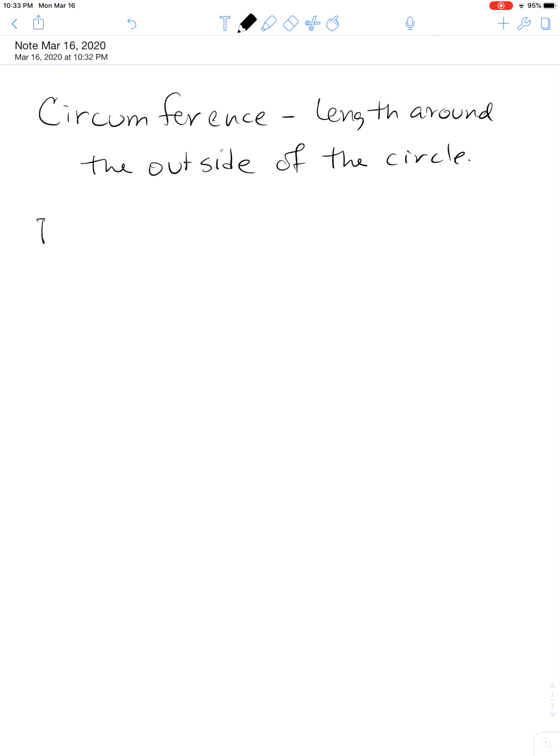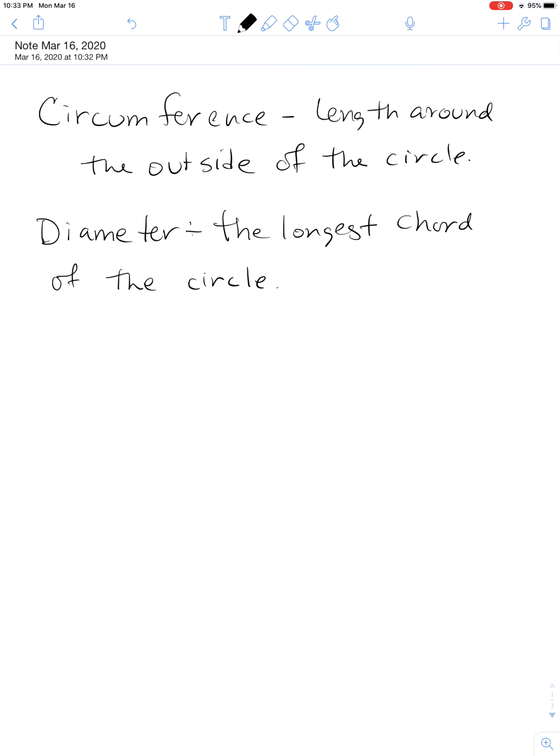And the diameter, which we have talked about before, if you remember, is the longest chord of the circle. And then the radius is just half the diameter. So we'll use those later when we're trying to come up with the formulas and stuff.